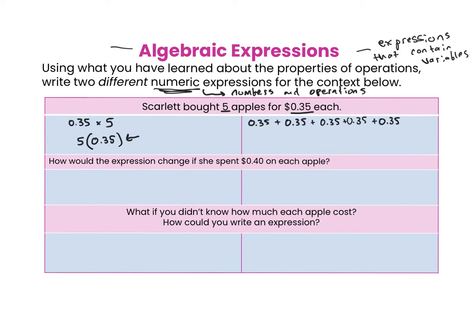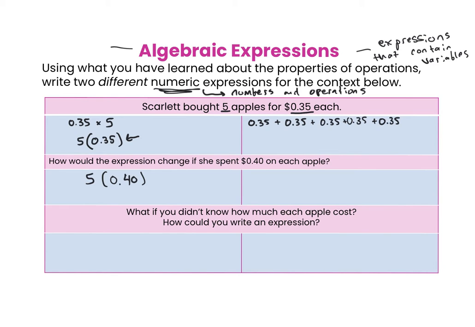So then I said, how would this expression change if she spent 40 cents on each apple? So instead of 5 apples for 35 cents, she's buying 5 apples for 40 cents. So using Kara's method, we could say, well, that is like spending 40 cents. Whoops, that was 4 cents. Missed there. 40 cents 5 times. Again, with that parentheses, you read this as 5 times 40 cents.